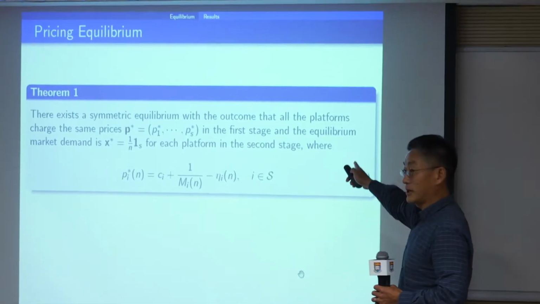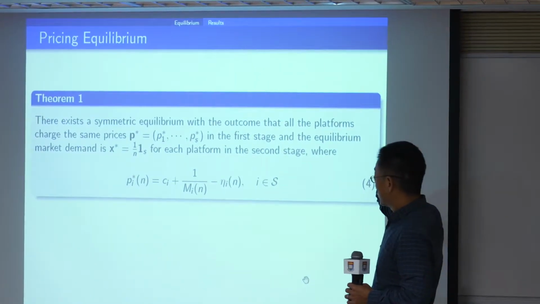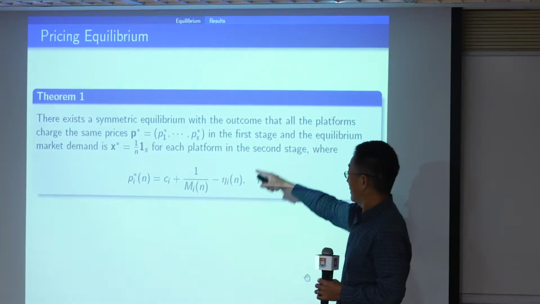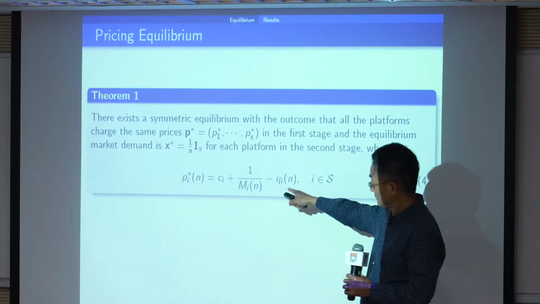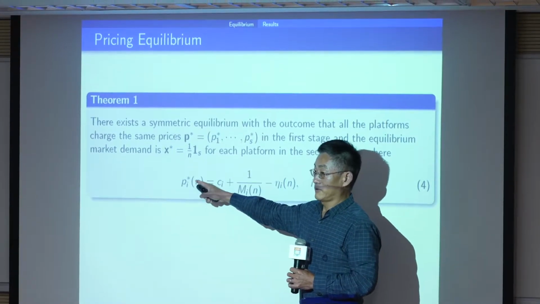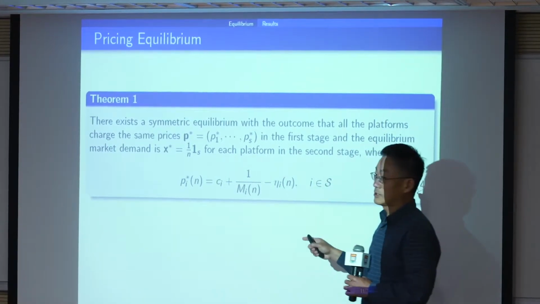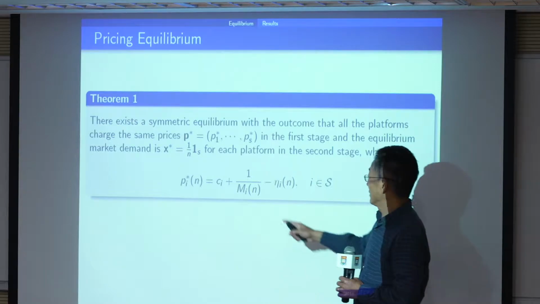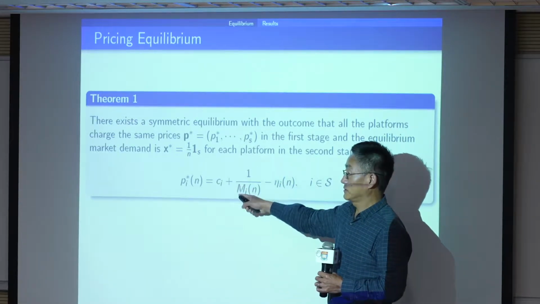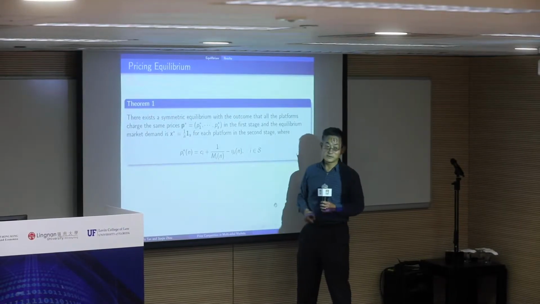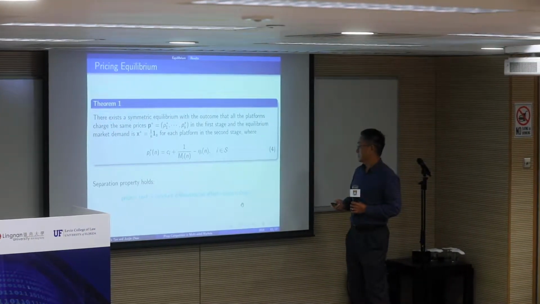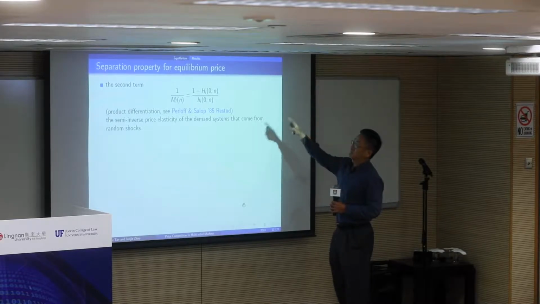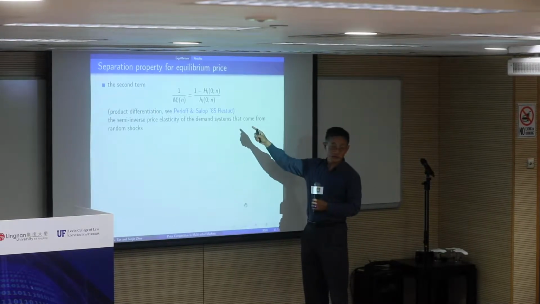And then for price equilibrium, we could show, again, as I illustrated earlier, in this symmetric setting, we could decompose the equilibrium price for each side in terms of those three terms, as I mentioned in the beginning. This is the standard product differentiation term, and the extra one is cross-subsidy.